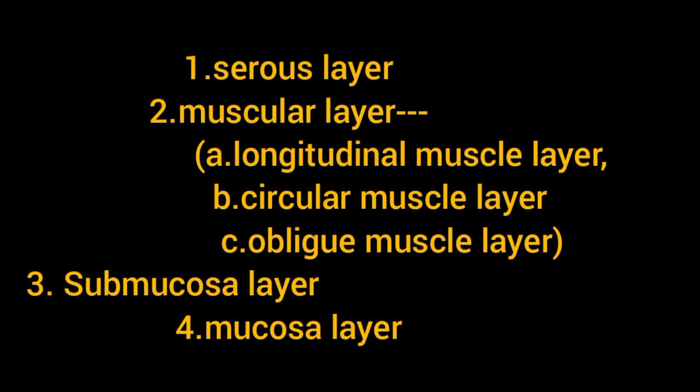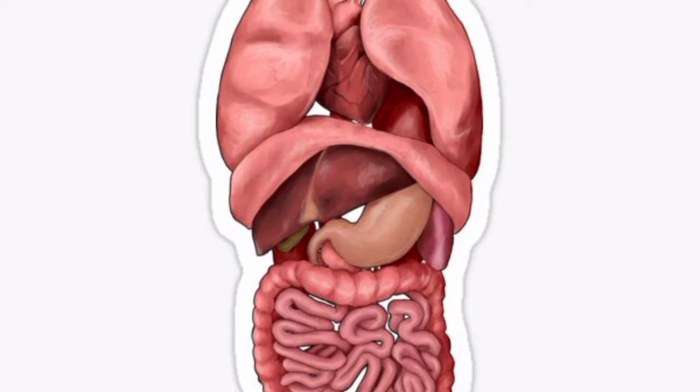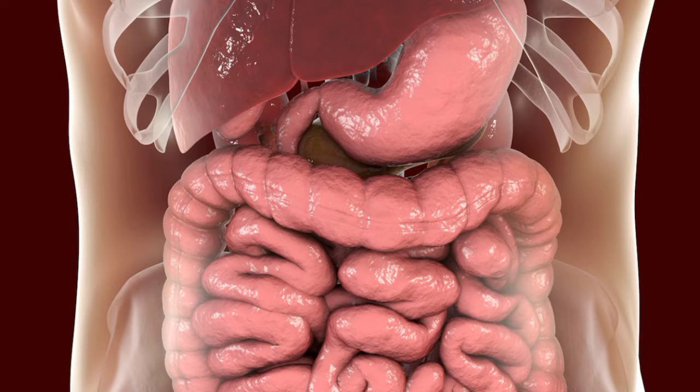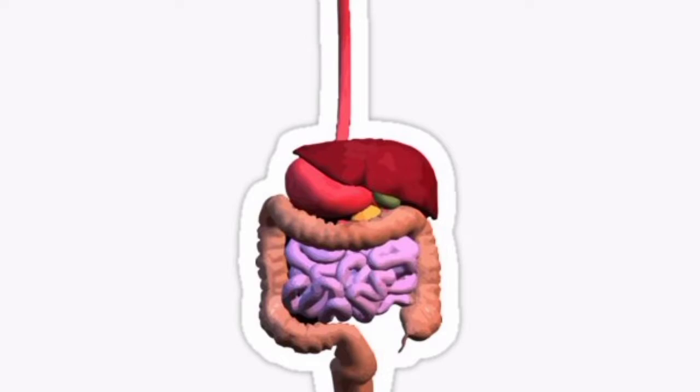Now the serous layer is a single layer of epithelial cells called mesothelium, and the muscular layer contains three muscle layers: the longitudinal muscle layer, circular muscle layer, and also the oblique muscle layer. Okay, and now I will say about the submucosal layer.